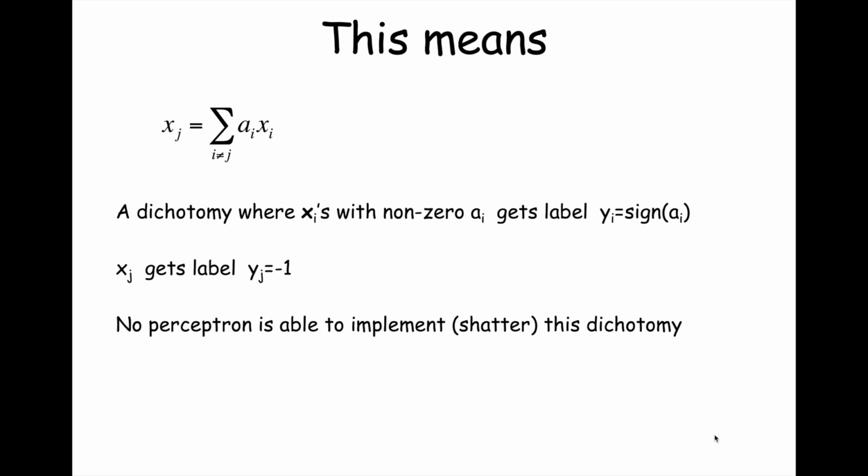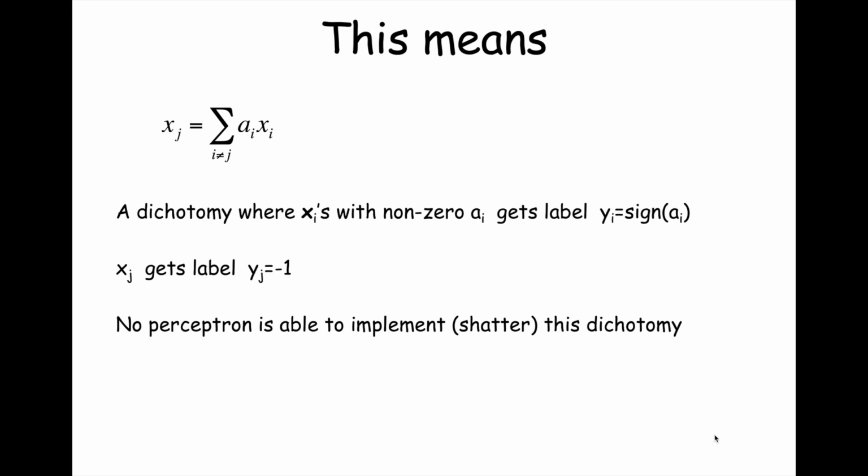Now, of course, to shatter a data set, what does shatter mean? It means that you can produce all possible 2 to the n dichotomies. Now, this is a dichotomy. Yes, it's a strange way of assigning a dichotomy, but this is one of the 2 to the n many dichotomies that you can associate with a data set of size d plus 2. It doesn't matter how you construct the dichotomy, we have one of the 2 to the n.